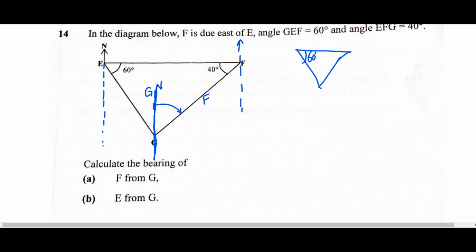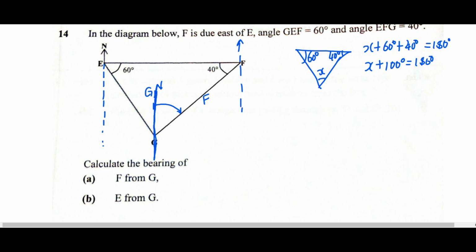So we have 60, then we have 40 here. If we are solving for this angle, we'll say x plus 60 plus 40 is equal to 180. Then 60 plus 40 will give us 100 degrees, so 100 plus x is equal to 180.